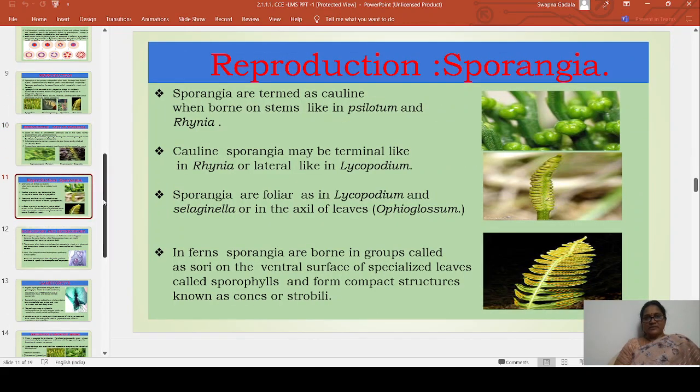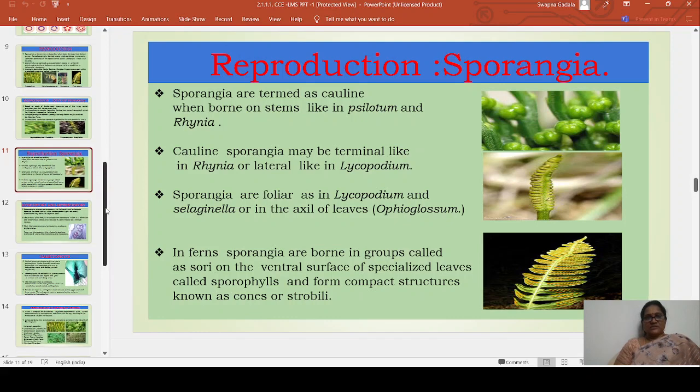Let us learn something more about the sporangia, like the position of the sporangia. Based on the position of the sporangia also, we can term the sporangia as cauline or foliar. Some sporangia are directly borne on the stem. They are known as the cauline sporangia.